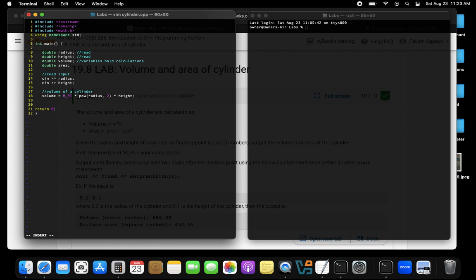Alright, now we're going to do area of a cylinder. Right? So that's going to be area equals parentheses 2 times pi times radius times height.